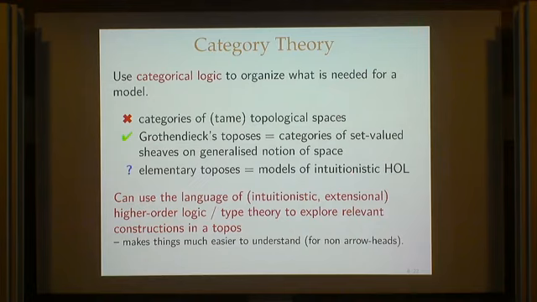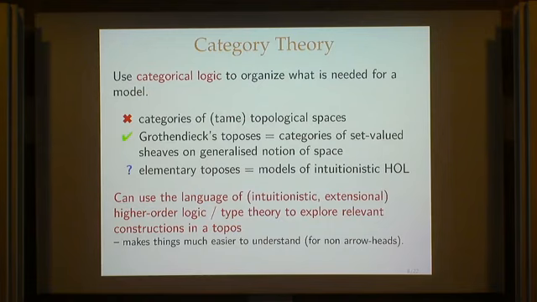first of all, intuitionistic higher order logic, but then we know how to interpret extensional type theory as well in there. You get to use the language of HOL and type theory in order to describe constructions that you can carry out within a particular topos.